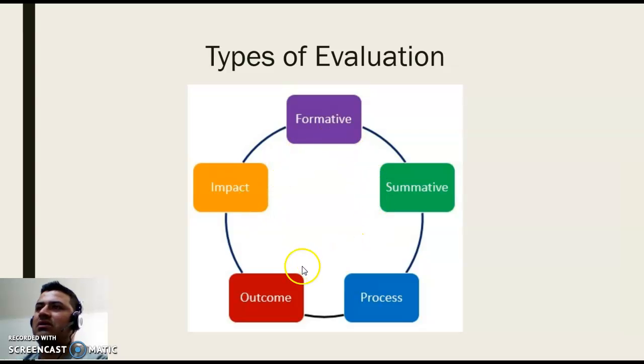Obviously, there are types of evaluation, but these are the most standard types. You start with formative, summative, process. You can see the performance in your students. You can see the impact. If that method doesn't work, you can change to another formative method and approach. You can see the summative based on that method and approach.